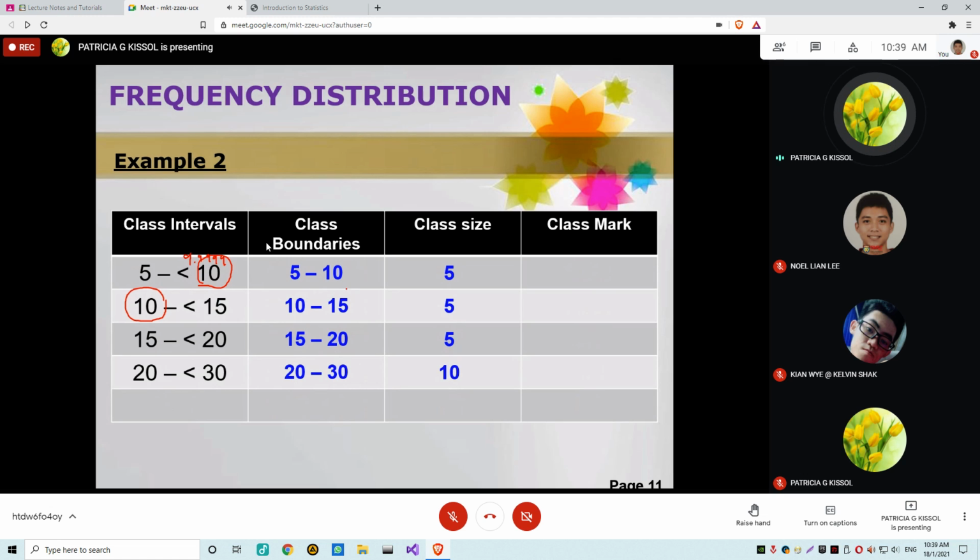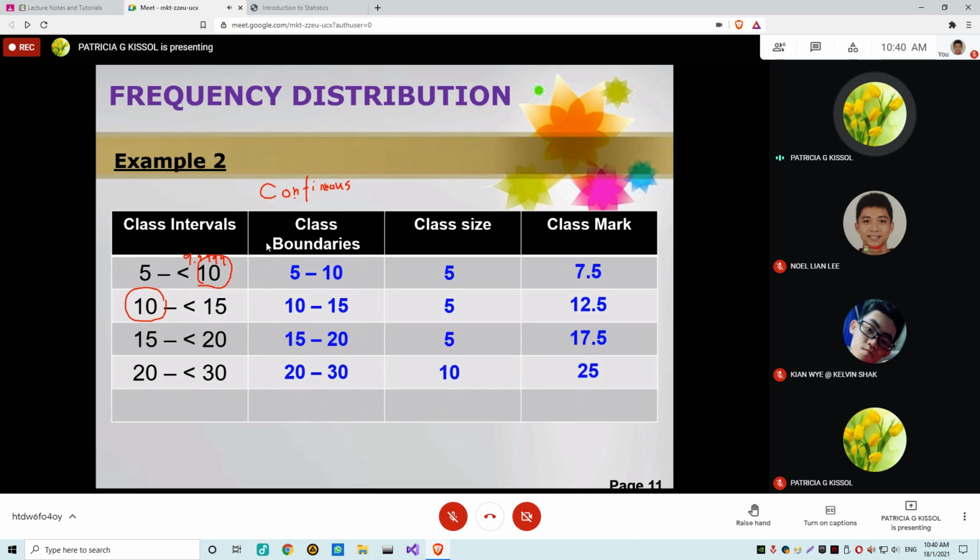And the class mark, just add them up and divide by 2, which gives you all these values. So I hope you see the difference between example 1 and example 2. For this kind of data, we're talking about continuous data. Remember, there are two types, right? Discrete and continuous.